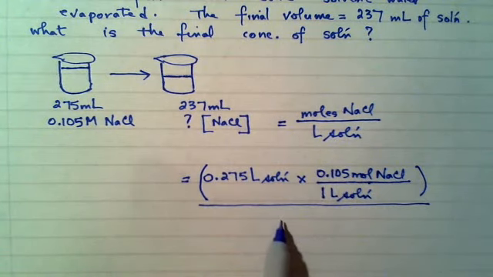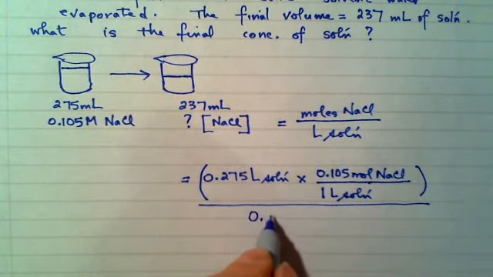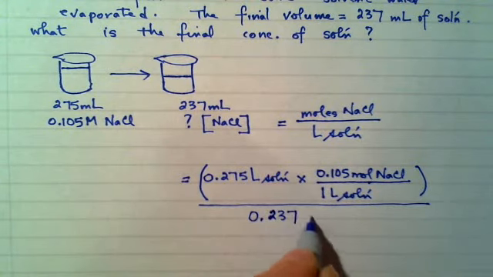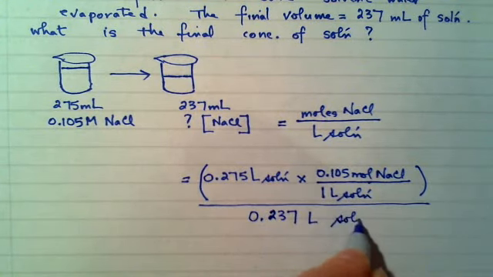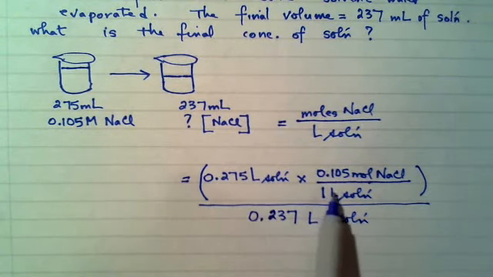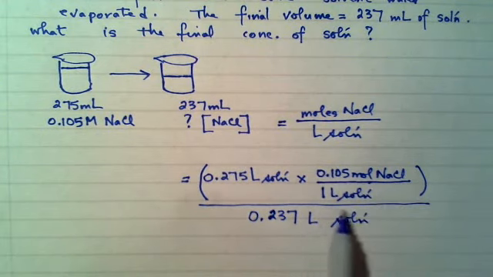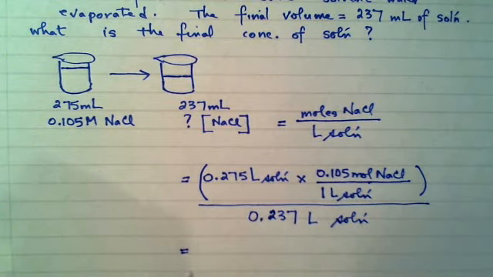So my bottom unit I want in terms of liters of solution. I don't have a liter, I have 237 mils. So there's my final volume, 0.237 liters of solution. And see, that unit will cancel with this, so I'm left with moles of sodium chloride over liters of solution, and those are units of concentration.